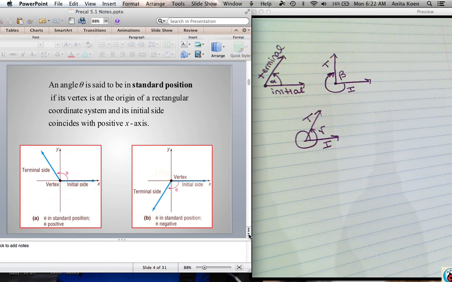An angle theta is said to be in standard position if its vertex is at the origin, and we're talking just about the regular coordinate plane here, the rectangular coordinate system, and its initial side coincides with the positive x-axis.